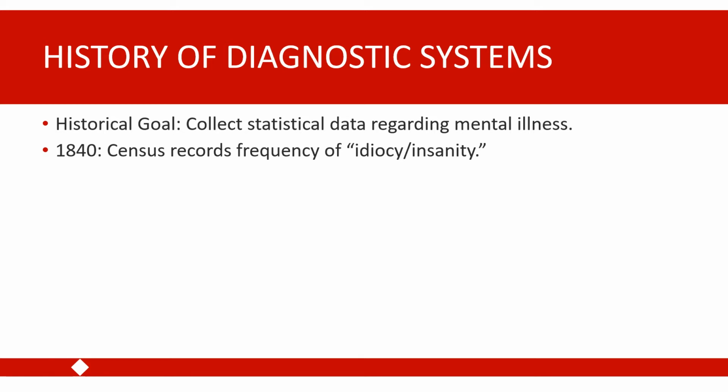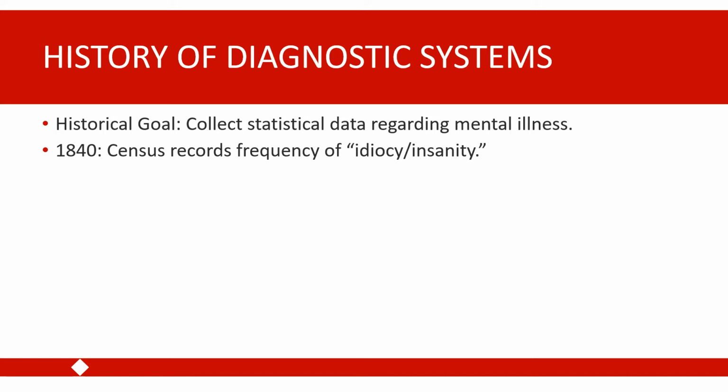One thing that I think is important for us to note is that the history of diagnosis, diagnostic systems, and the classification of psychiatric disorders is very deeply entwined with systemic racism and with eugenicist movements.